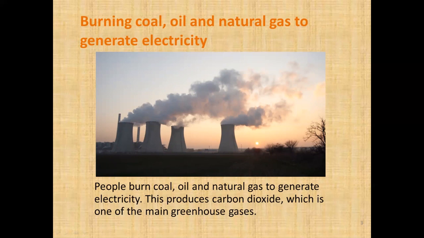But if we need electricity, then we need to burn coal, oil, or even natural gas. When we burn them in the power station, it will produce carbon dioxide, which is one of the main greenhouse gases. So when we use electricity, we are producing greenhouse gases. That's why we need to be careful and try not to use too much electricity.